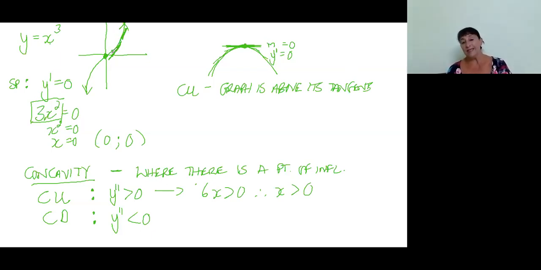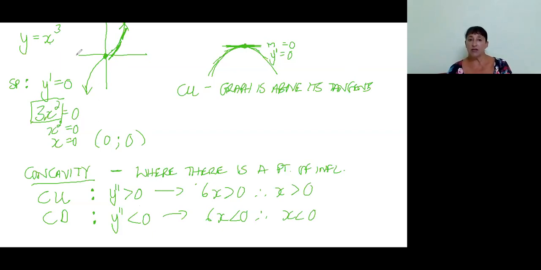I purposely did this example because I wanted to demonstrate what it looks like. That is concave up, where the graph is above its tangents. Whereas concave down is where the second derivative is less than 0. So 6x is less than 0, so x is less than 0.